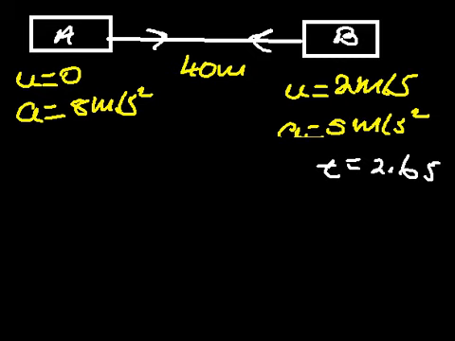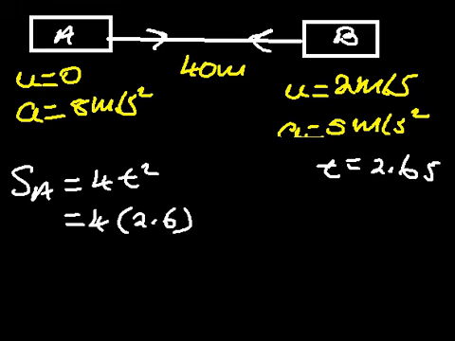And how about their respective distances? How far should object A have to travel, as well as object B? So I have to substitute the time into their distance formula, that is 40 square, now 4 times 2.6 squared, in meters. So what is that?